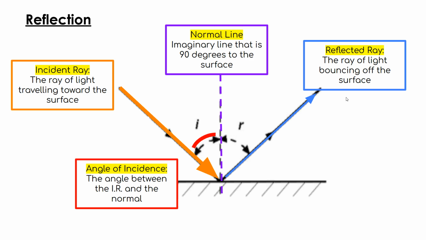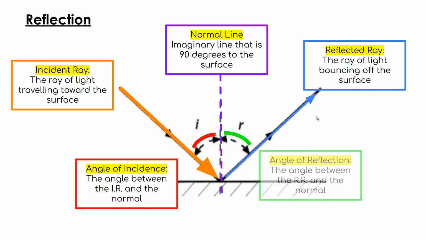The reflected ray of light is the ray of light that is bouncing off that initial surface. Again, there are arrows here to show you the direction of the light. The angle of reflection is the angle between the reflected ray and the normal.